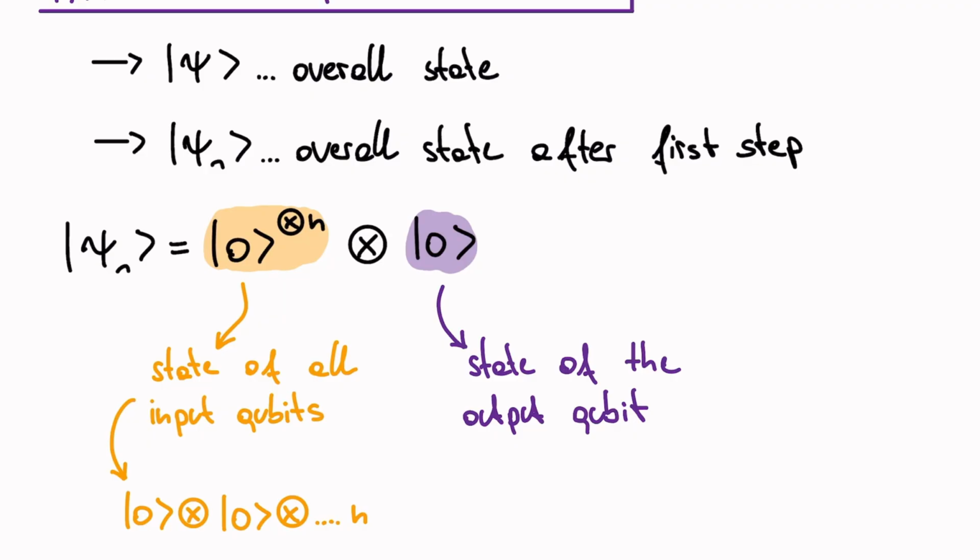I write this last 0 separately to make it clear that it belongs to the output qubit and not to the input qubits. So the full quantum state, which we now call ψ1, consists of n input qubits, each in the state 0, joined together using the tensor product, and one output qubit, also in the state 0, added at the end using another tensor product. That is the initial state of the entire quantum state after step 1.